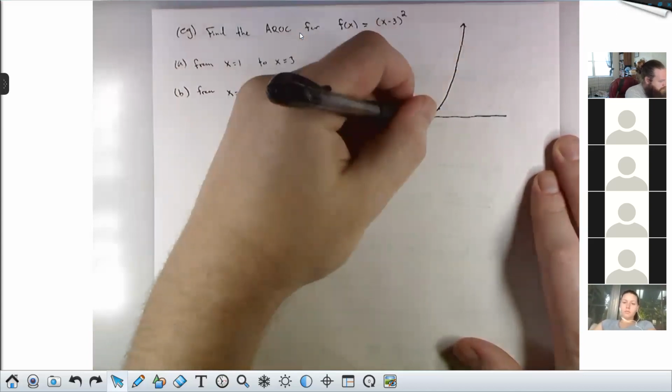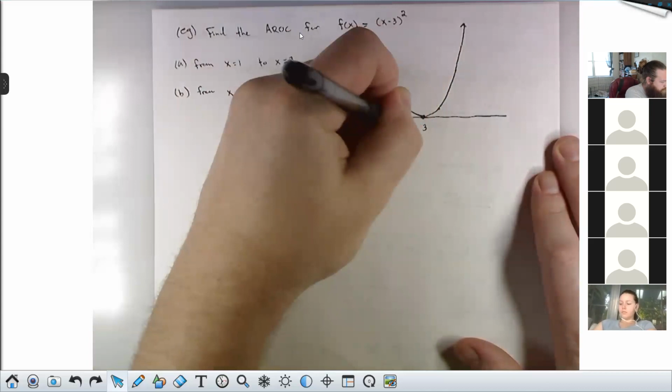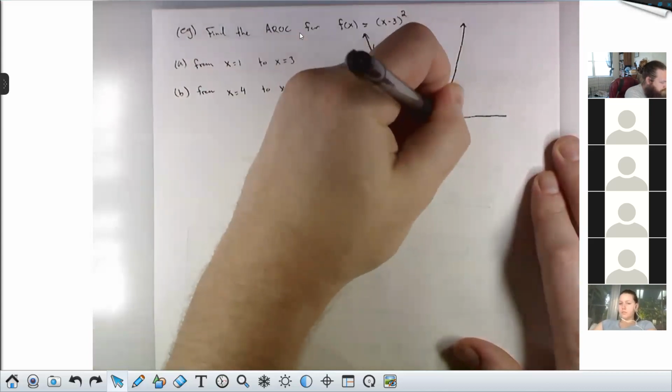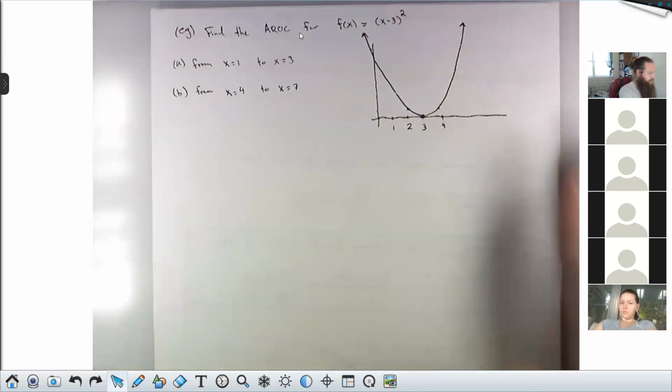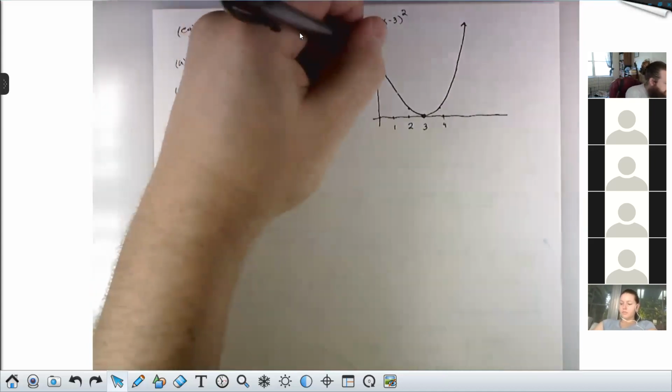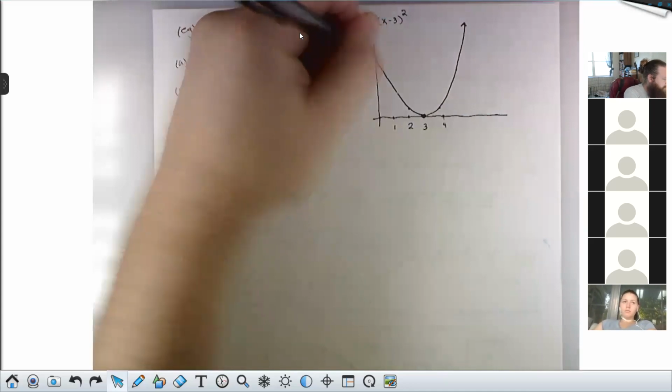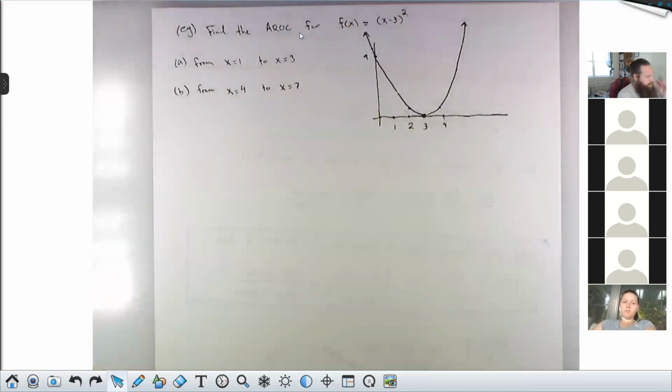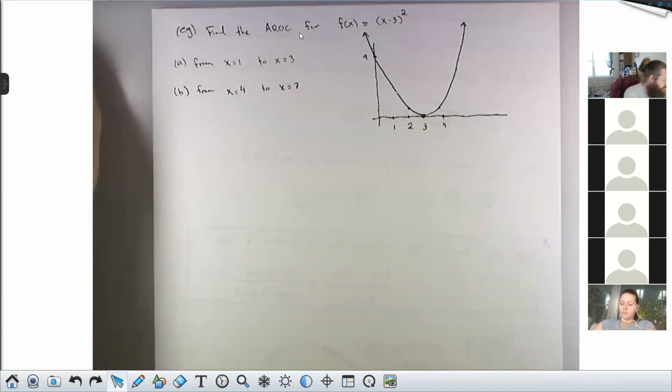All right, so there's the graph, roughly. The y-intercept over here, if you care, happens to be 9. If you plug in x equals 0, you get 9 out. But let's calculate these rates of change. Here's our graph. We'll try to interpret those rates of change as slopes.